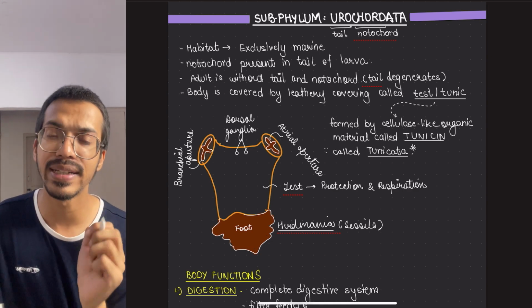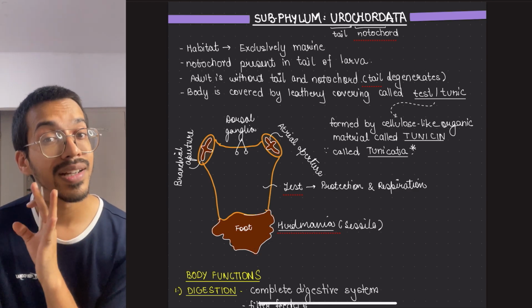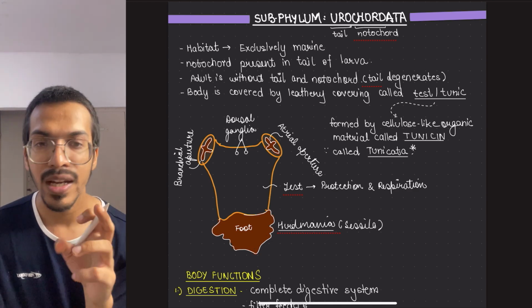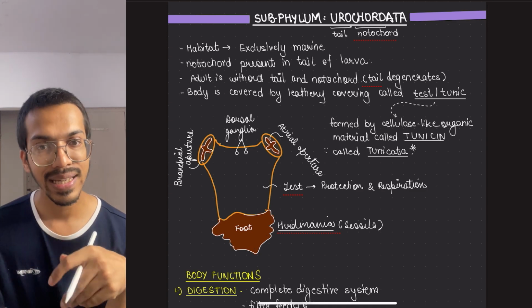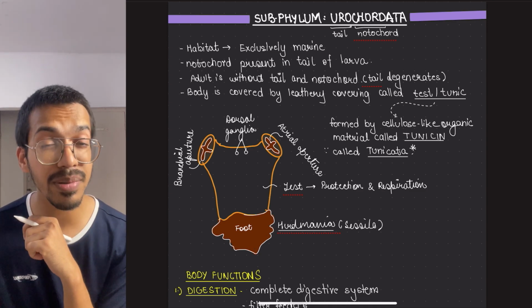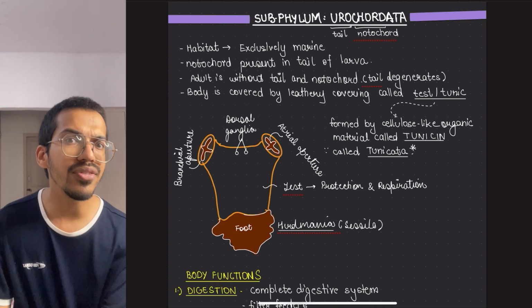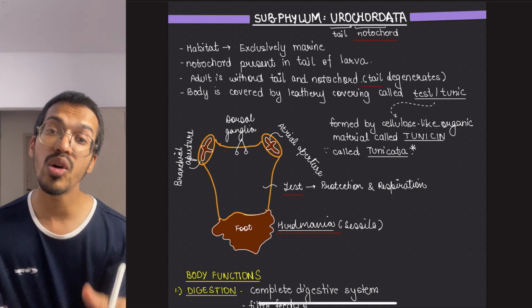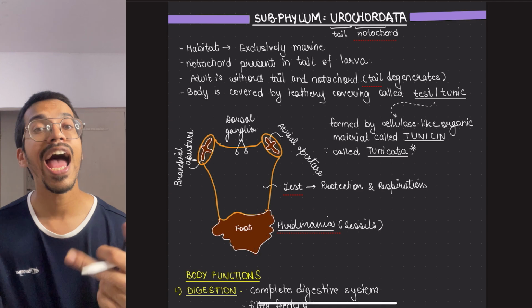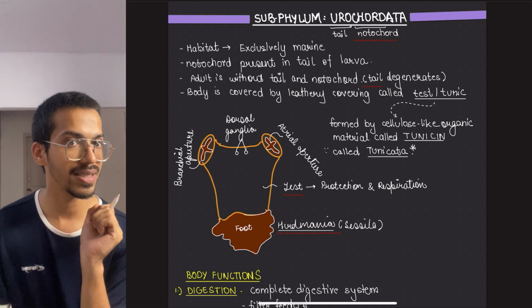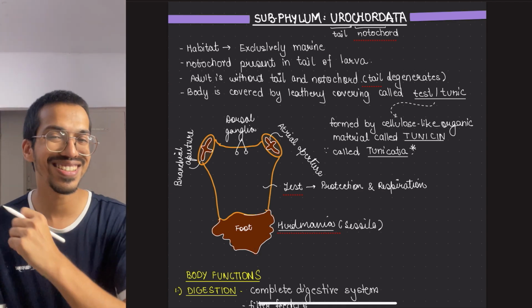How will I remember it? You have seen the tadpole. Tadpole is the larva of frog. Tadpole lives in the water. It swims because it has a tail. But does the frog have a tail? No sir, frog doesn't have a tail. Same thing over here, they also change themselves, but they don't have the tail present in them. Understood? Let's just start with it.